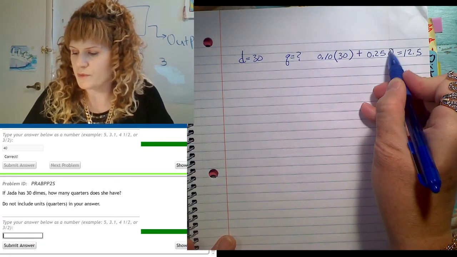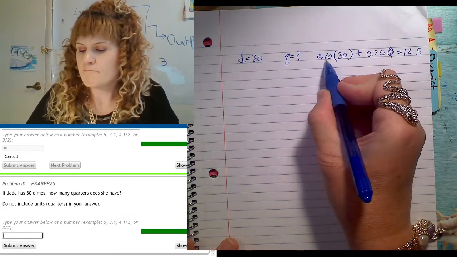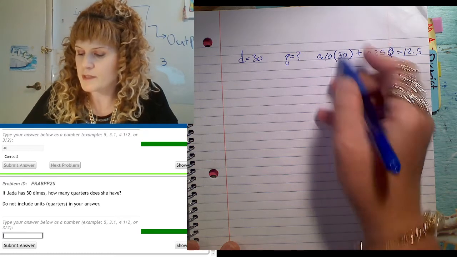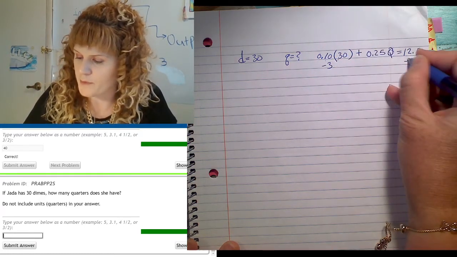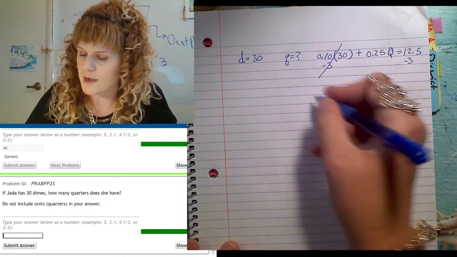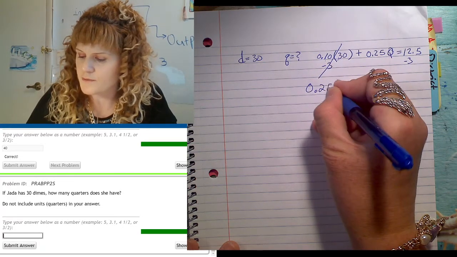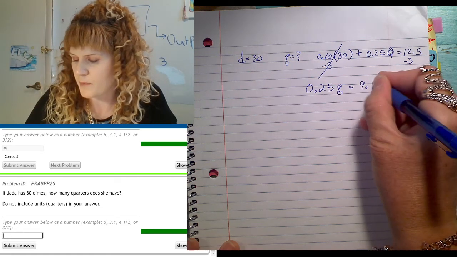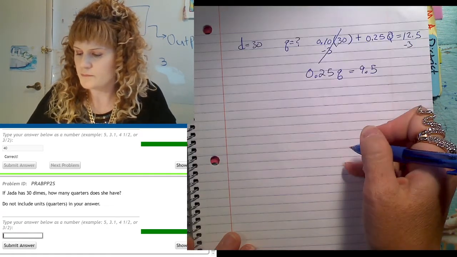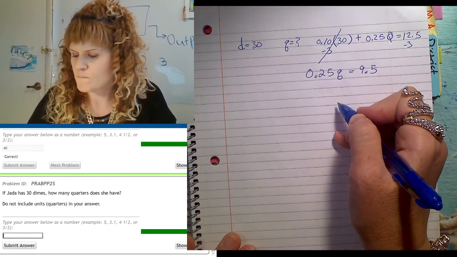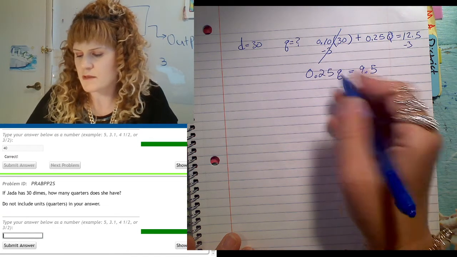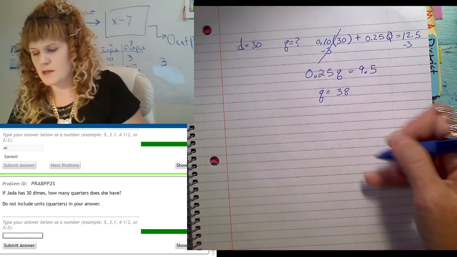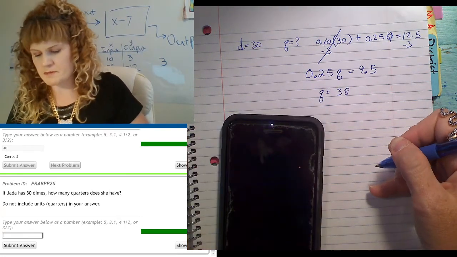Solve for Q. Okay, 0.1 times 30 is 3, so I'm going to subtract 3 from both sides, and this term cancels out. I get 0.25Q equals 9.5. So that's going to be 38 quarters. Q equals 38. You want to double check me? Okay, double check me.